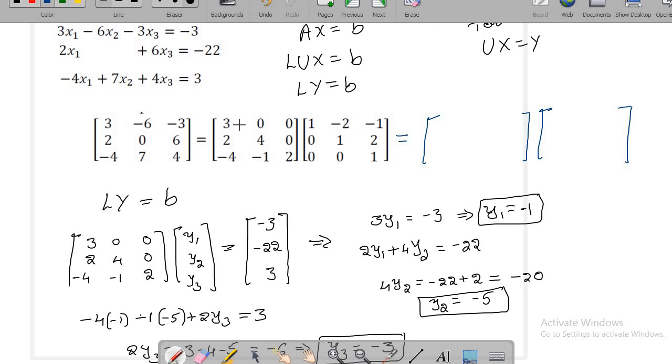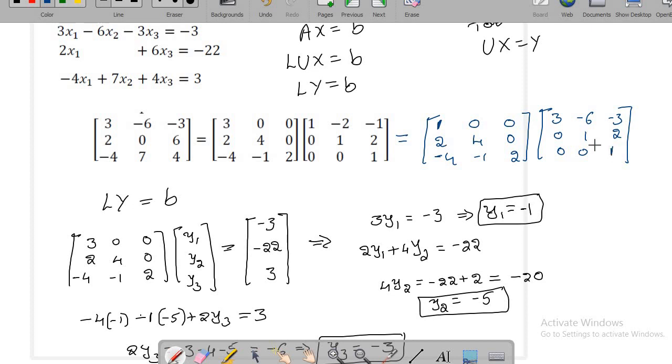So when you multiply 3 times the first row, that's what I'm going to get here. But I want to have it 1. So when you have it 1, then multiply the first row with 3 here. So this is 3, negative 6 and negative 3. And the rest I'll write as it is. 2, 4, 0, negative 4, negative 1 and 2. This is 0, 1, 2, 0, 0, 1.